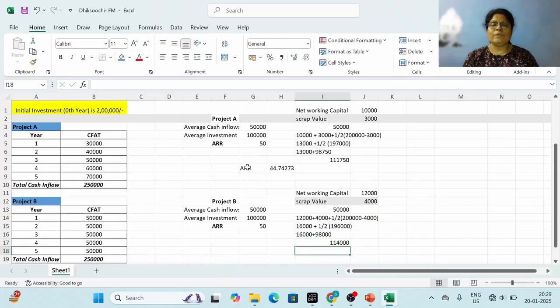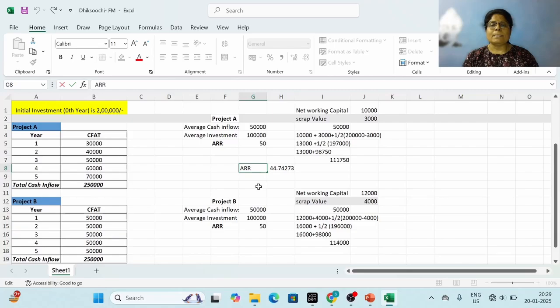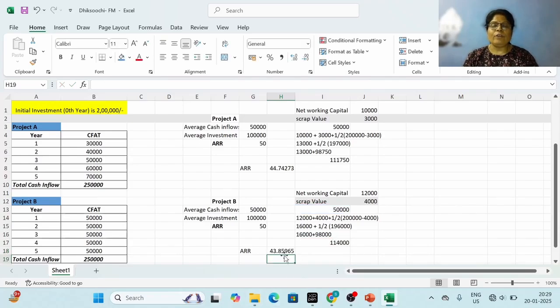Now what is your ARR for project B? It is equal to the numerator of 5,000 divided by the denominator into 100. Right? 43.85.